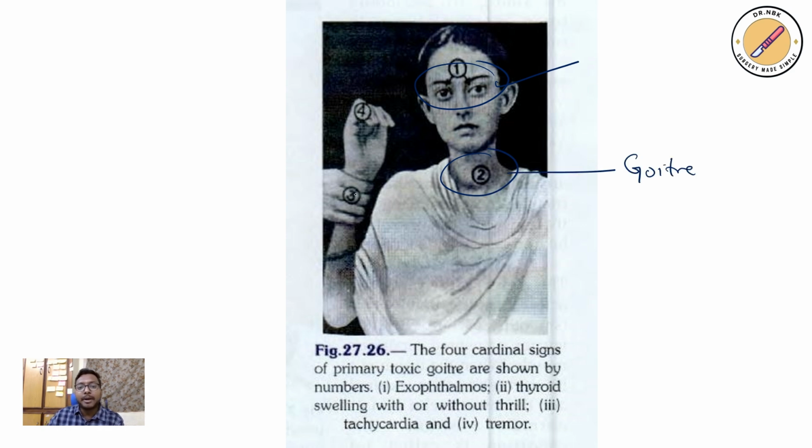Then when you palpate the pulse of the patient, there will obviously be tachycardia. That is the third point you should remember. Last one is tremor, hand tremor. I told you it is related to hypersensitivity of the free nerve endings caused by the increased level of thyroid hormones. So these are the four cardinal features of primary toxic goiter we need to remember.